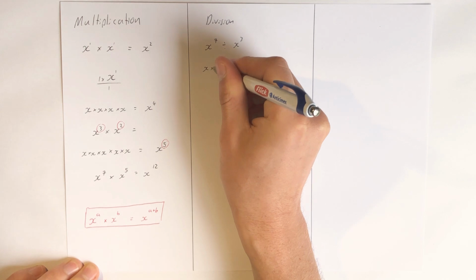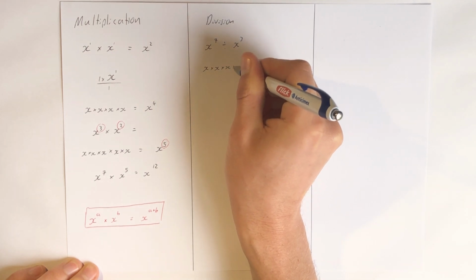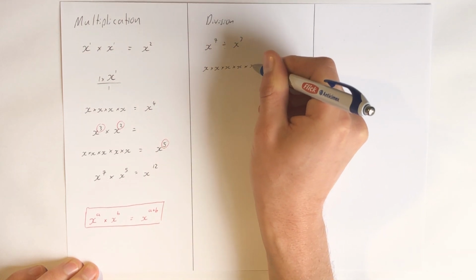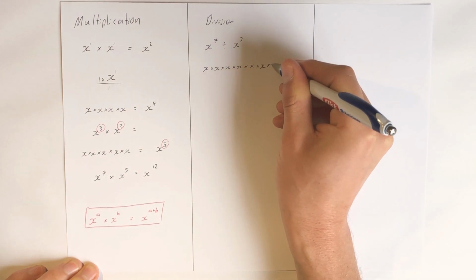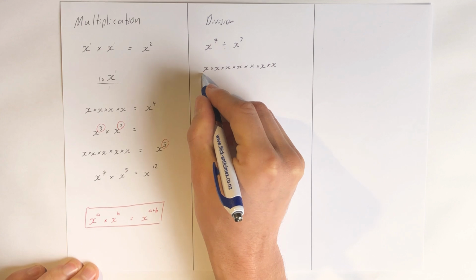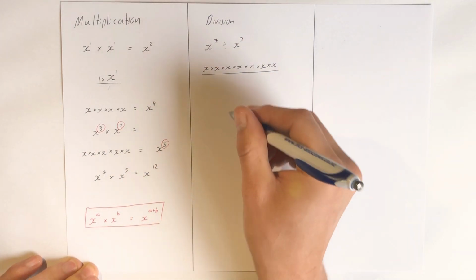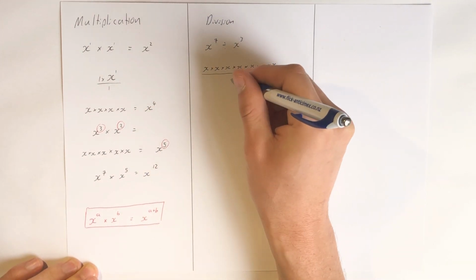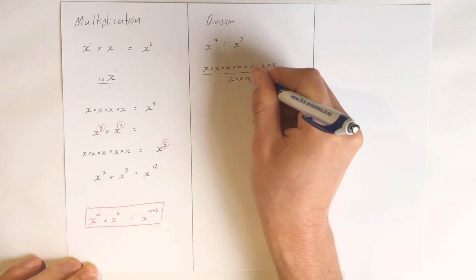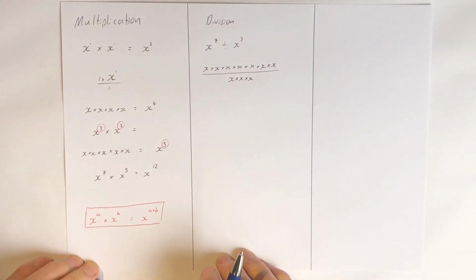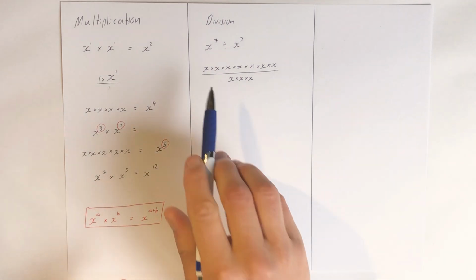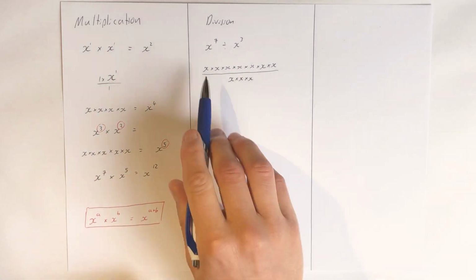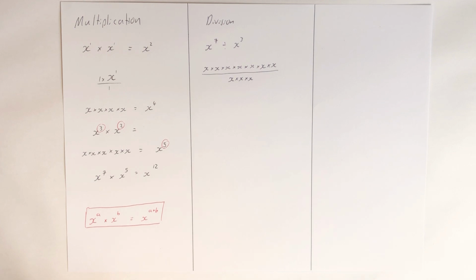So that's x times x times x times x times x, 1, 2, 3, 4, 5, times x on the top. Maybe I should have chosen a smaller number. On the bottom, that's the top divided by x times x times x. And you guys should be quite aware now from number that the order of multiplication and division doesn't really matter.